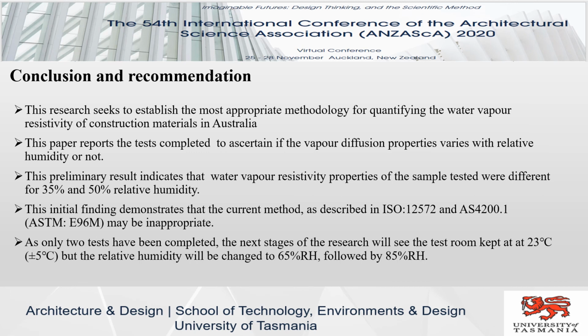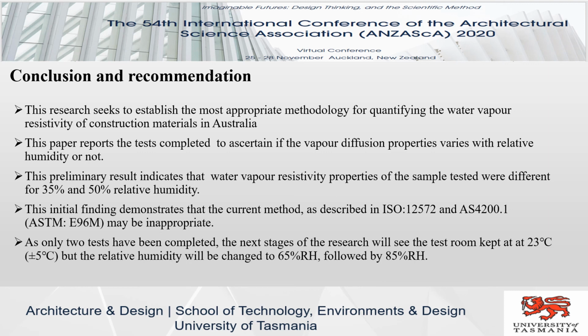This preliminary result indicates that the water vapor resistivity property of the samples tested were different for 35% relative humidity and 50% relative humidity. These initial findings demonstrate that the current methods as described in ISO 12572 and AS 4200 may be inappropriate.